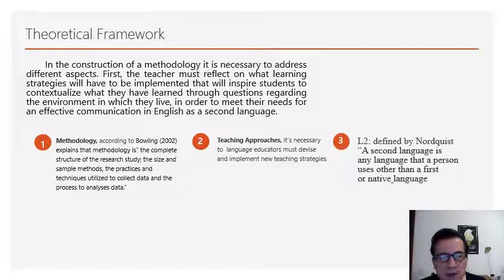It's necessary that language educators devise and implement new teaching strategies. Number three, L2, defined by Norquist: a second language is any language that a person uses other than the first language or native language.